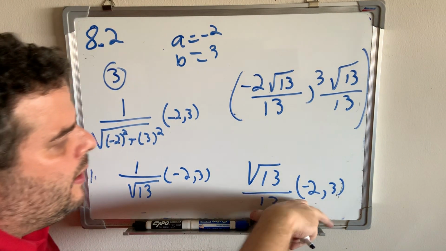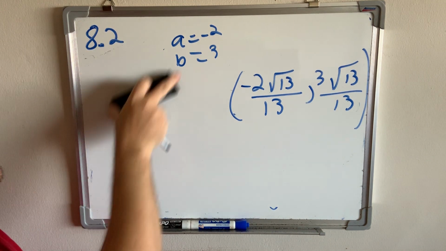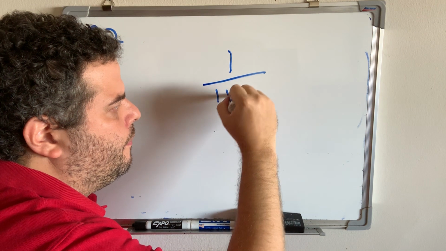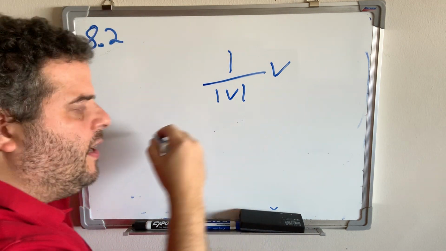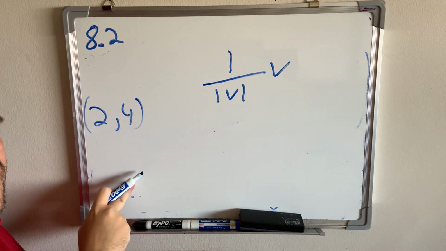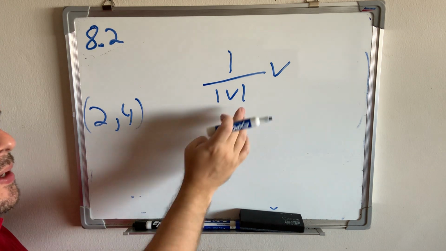Again, remember, the only thing you have to do is use what you learned in example 2 for the denominator. If they give you component form, Pythagorean theorem. If they give you an initial and a terminal, well, pretty much they're giving you the vector, so you don't have to do anything.